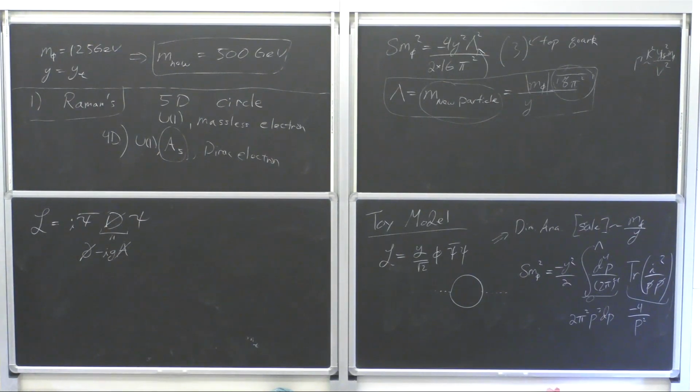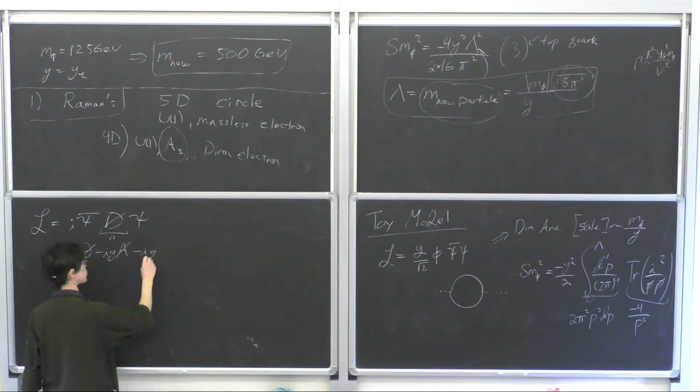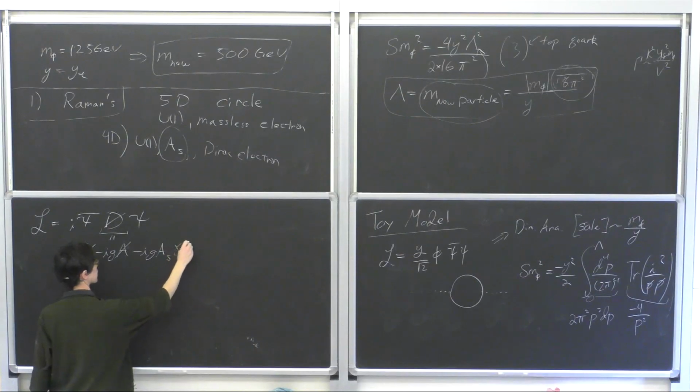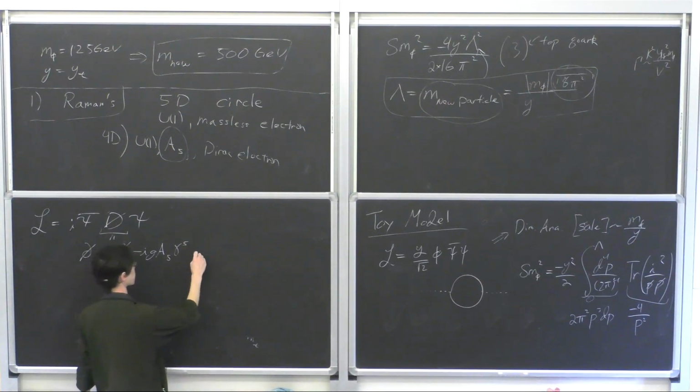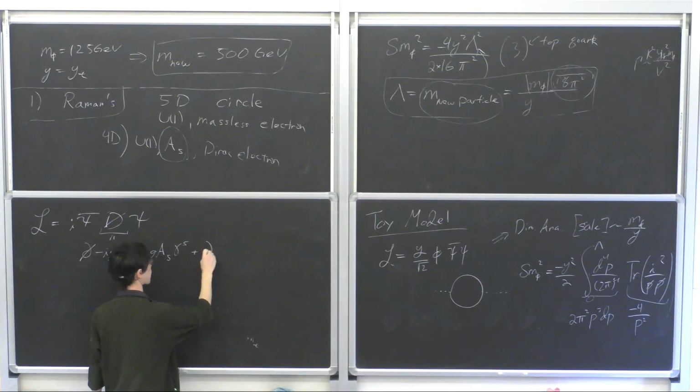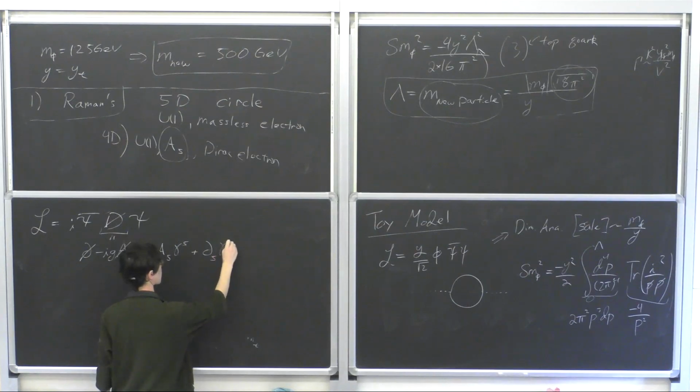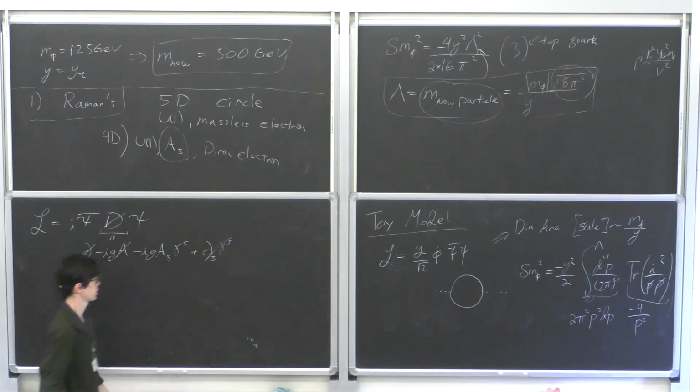Choose the sign of the electron coupling to get my sign right. Minus i g A5 gamma 5. So there's the 5th dimension. And then I guess there's the 5th dimension derivative, D5 slash.